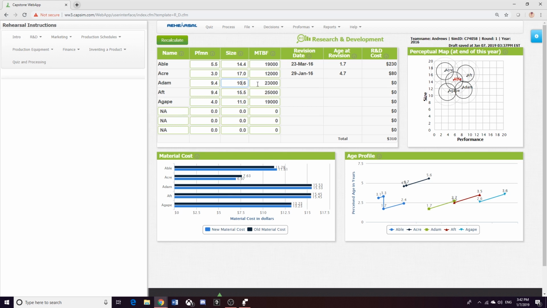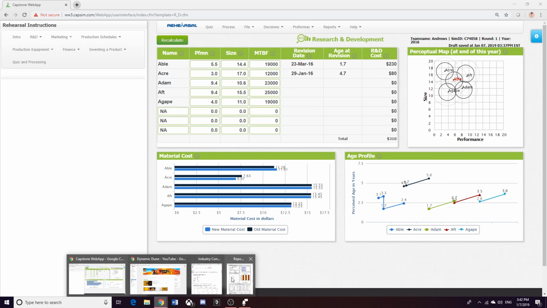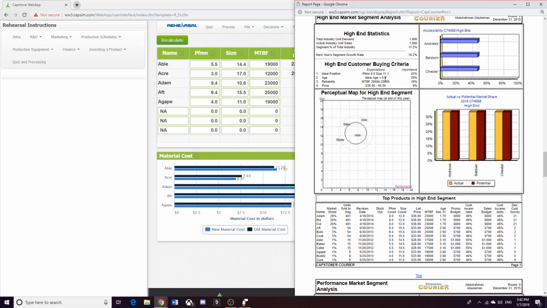So then for MTBF, let's go and look at the MTBF. For the high-end segment, customers want MTBF that is between 20,000 and 25,000. And it is 90% importance, so that means it's important. And also remember, price is not important in the high end.